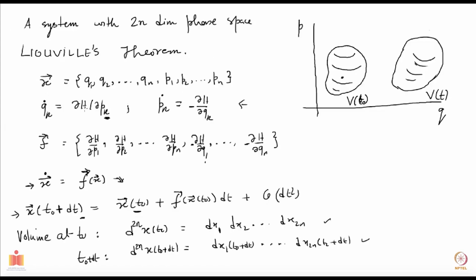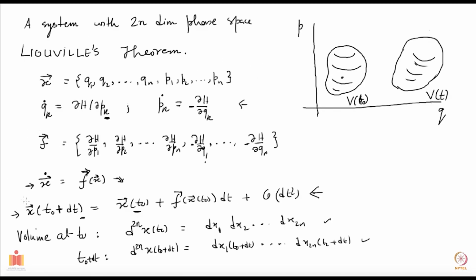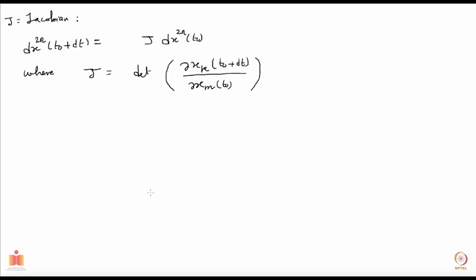and of course to do that you have to use this piece of information which knows how things are changing with time. So let me write this vector equation, x as x(t0) plus f times dt, in the component form.